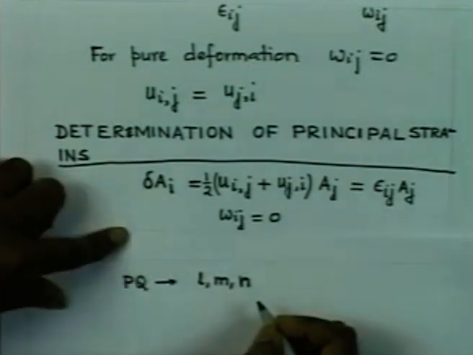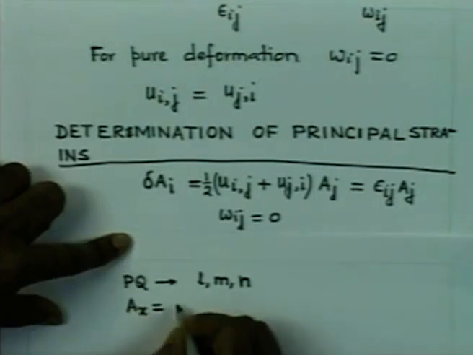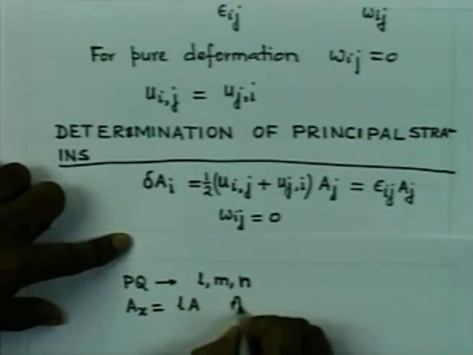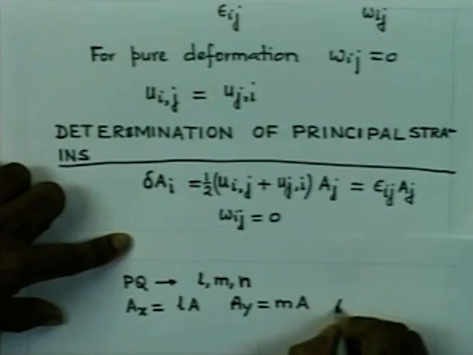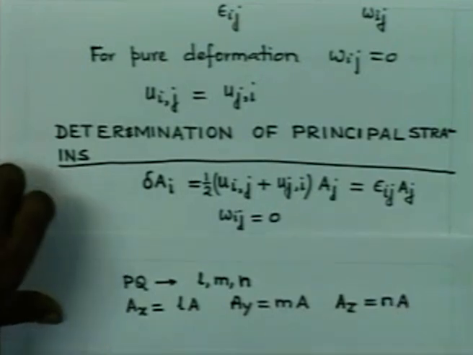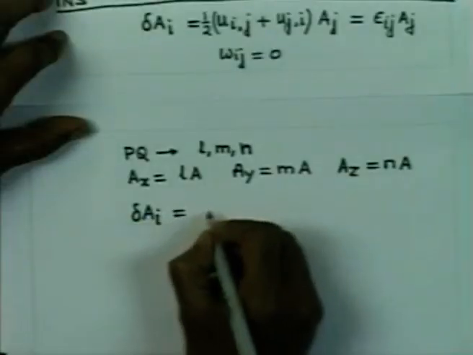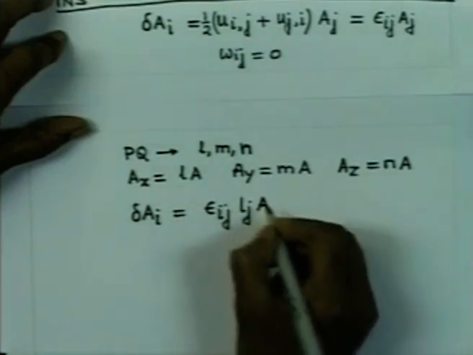Then in that case, we can write that Ax is equal to l into A, Ay is equal to m into A, and Az is equal to n into A. Therefore, we can now write that delta Ai is equal to epsilon ij lj into A.